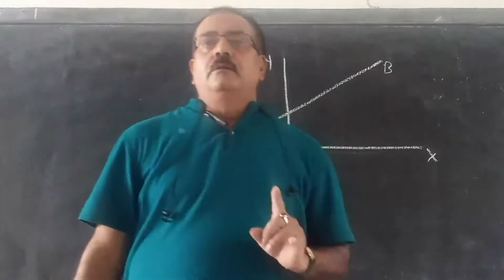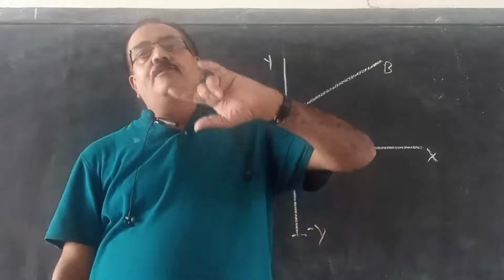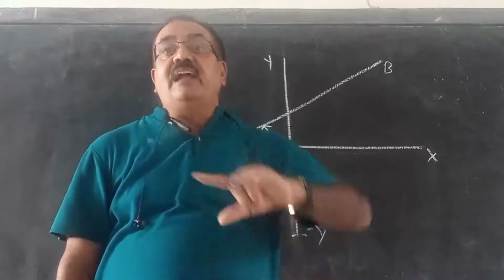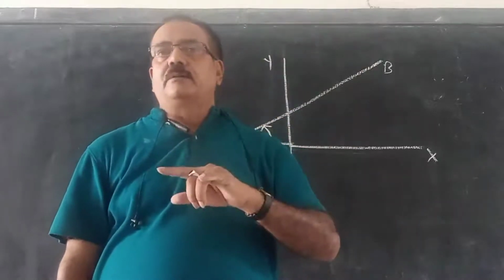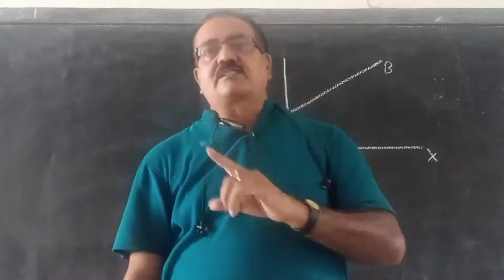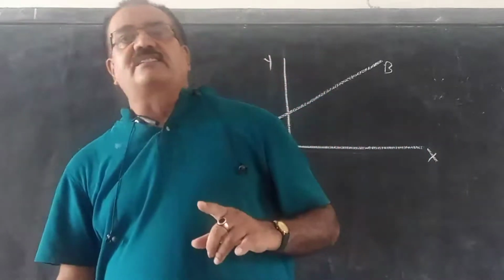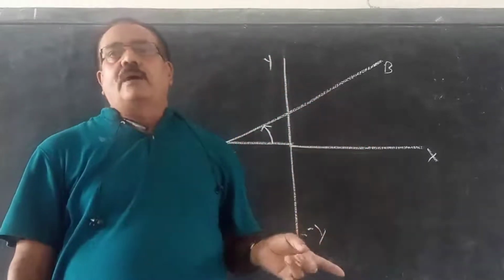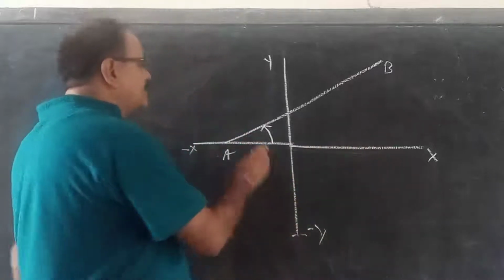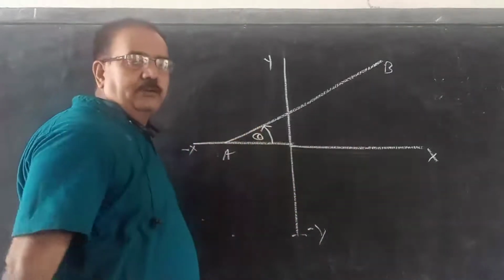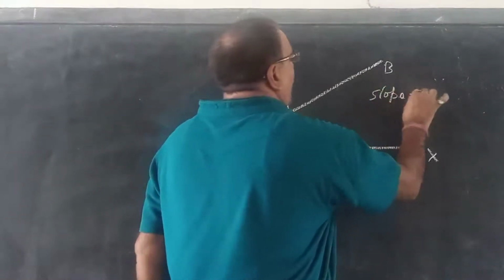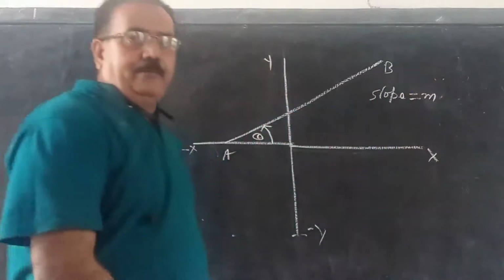Remember, if a line makes an angle with the x-axis in positive direction, means anti-clockwise, not clockwise, anti-clockwise, with the x-axis only, not with the y-axis, then it is known as slope. And this inclination, say this inclination is theta, denoted by theta. So this is known as slope, and slope is denoted by m.